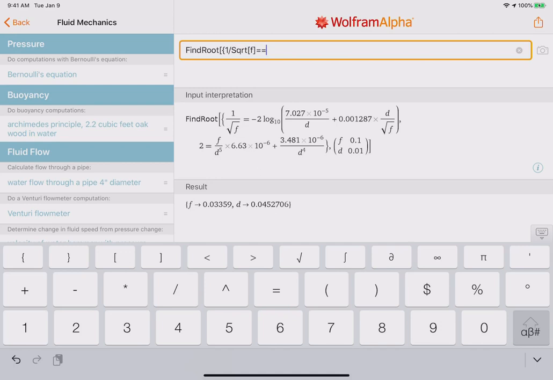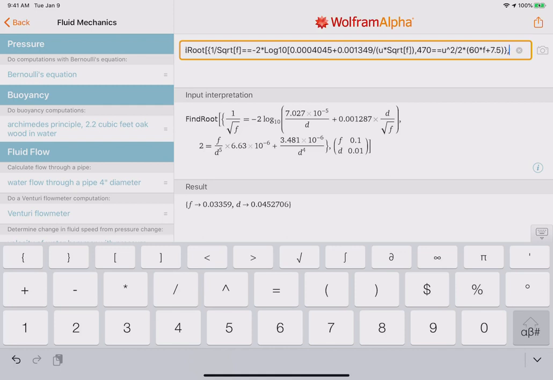Equals minus 2 times log base 10 of 0.004054 plus 0.001349 divided by u divided by u times square root of f, comma, then the second equation we have 470 equals u raised to the 2 divided by 2 times 60 times f plus 7.5. So that's the second equation.